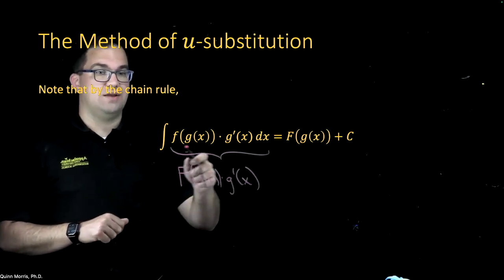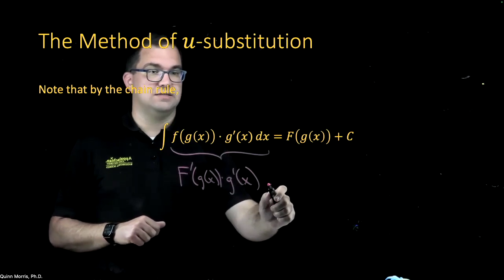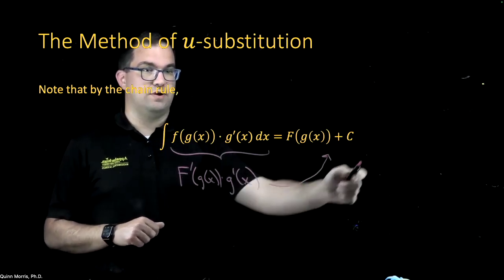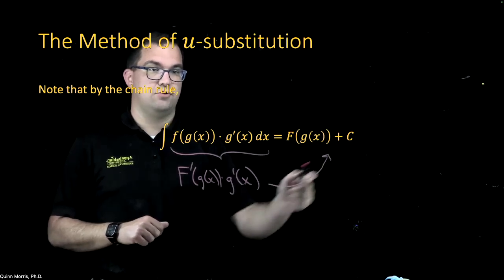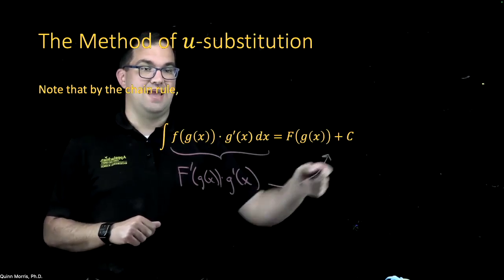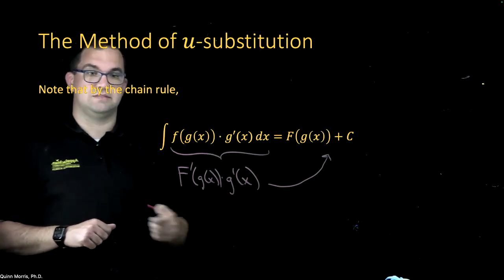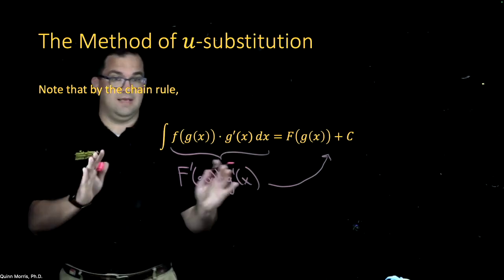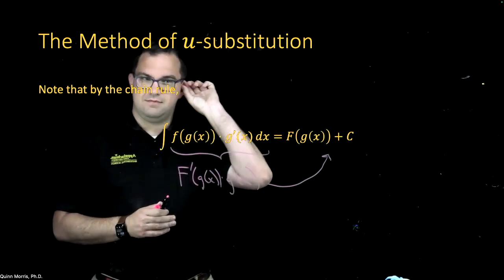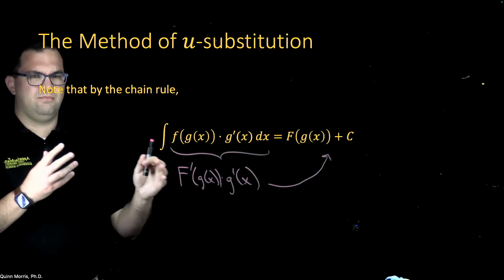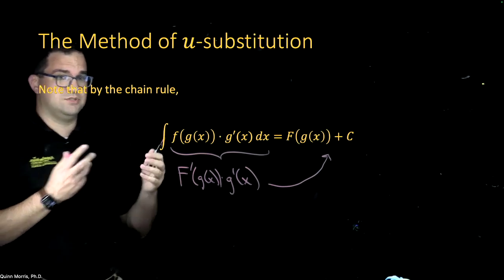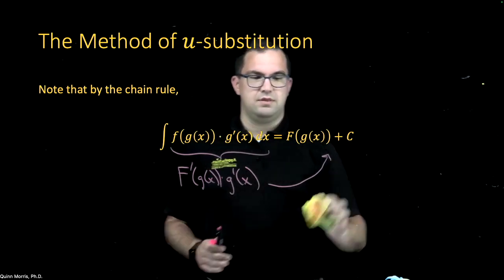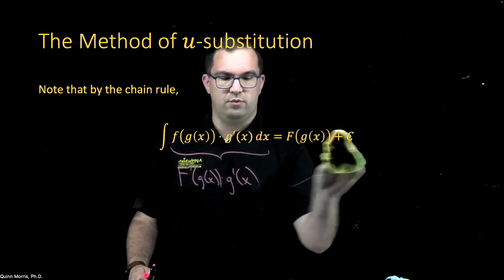Okay, so by the chain rule, what we really get here is that this is the derivative of this, or said another way, this is an antiderivative of this. Okay, and so from the chain rule, we get this. But again, it's maybe hard to see how that would necessarily work if you were just staring at this with some functions. So we want to think about this in a slightly different way.